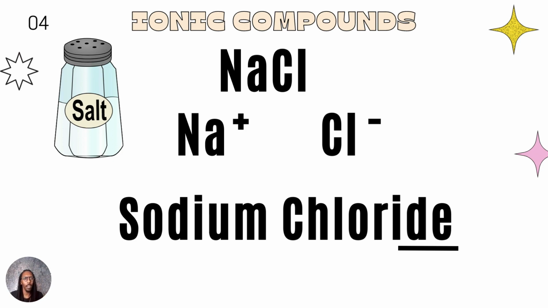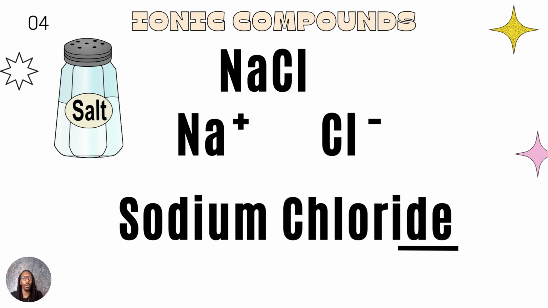So you put your cation first, which in this case is the metal. Metals are always going to be cations. Second is our anions, which are negatively charged ions. In this case, chlorine is our negative ion. So once again, cations first, anions second, anytime we're dealing with ionic compounds.